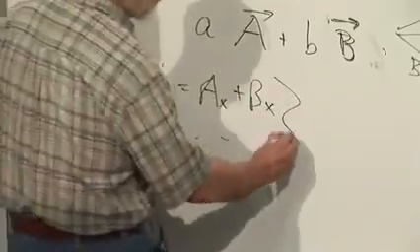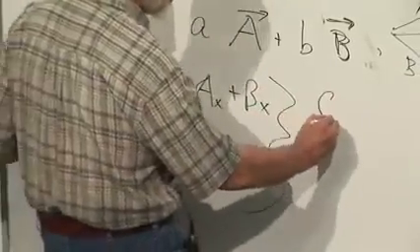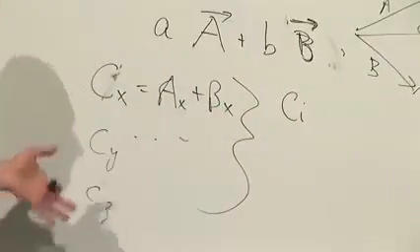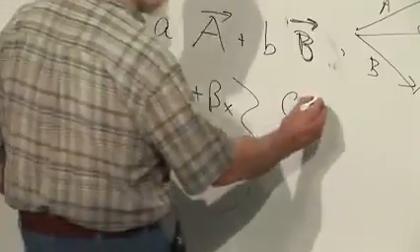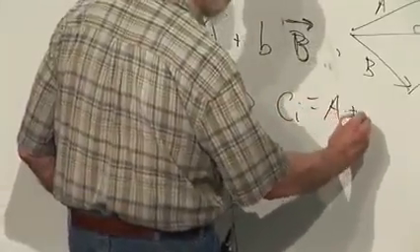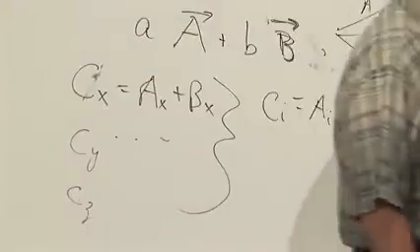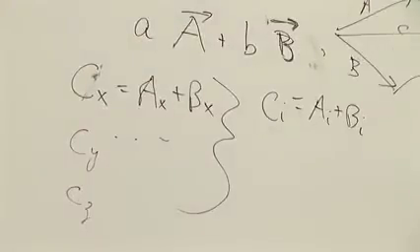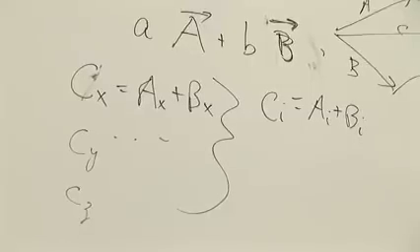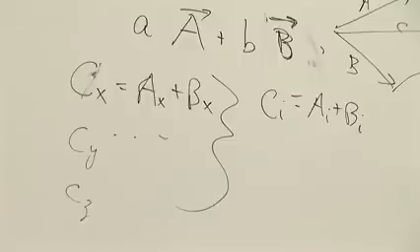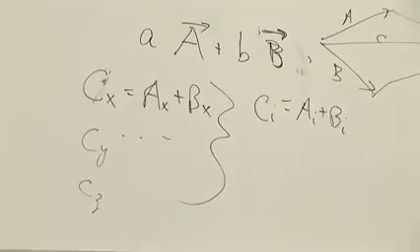We could summarize this all by saying C sub I, where I could be X, Y, or Z, or 1, 2, or 3, is equal to AI plus BI, and that's an equivalent way, a useful way to add vectors, since often we specify the vectors by their components.